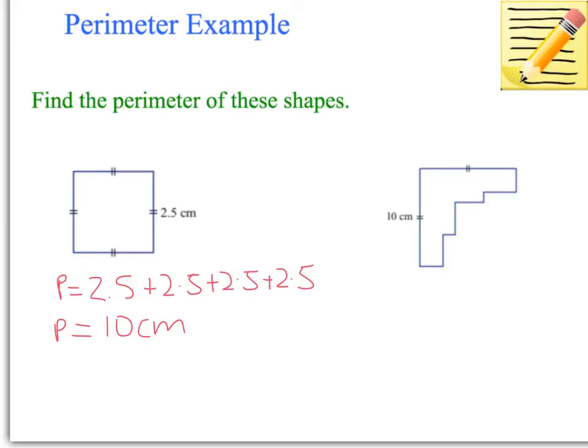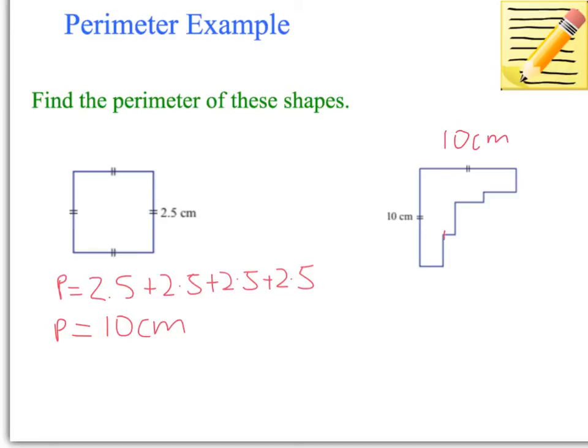Okay, now we're looking at this shape on the other side. This is a bit trickier because we know that this is 10 centimetres and this is 10 centimetres. But what about all these other ones? This is a bit weird. I don't understand what we're going to do. Okay, so we know that this one's 10 centimetres. Now, if you just have a look here, I'll explain to you that we can work this out.